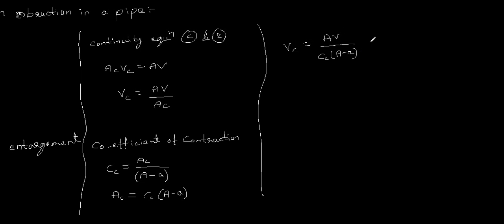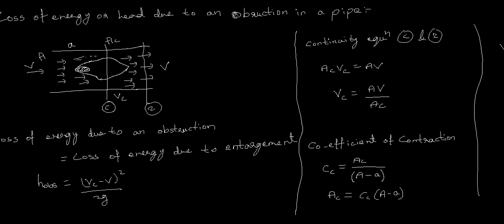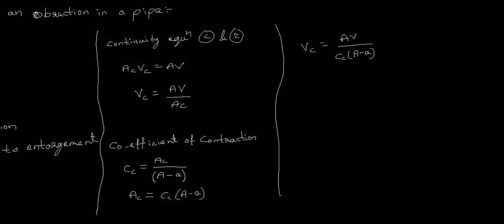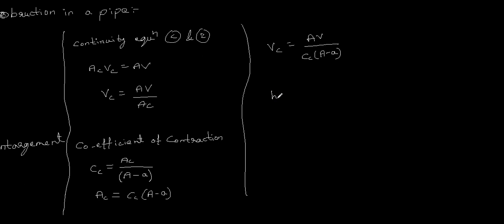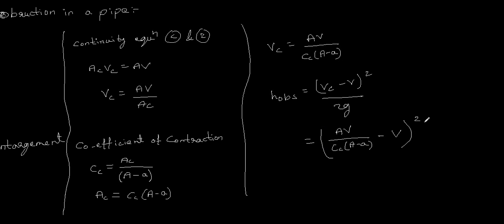Now substitute this VC value in the formula for HOBS, the obstruction loss. HOBS is equal to VC minus V whole square by 2G. In place of VC, write AV by CC into capital A minus small a, minus V, whole square by 2G.